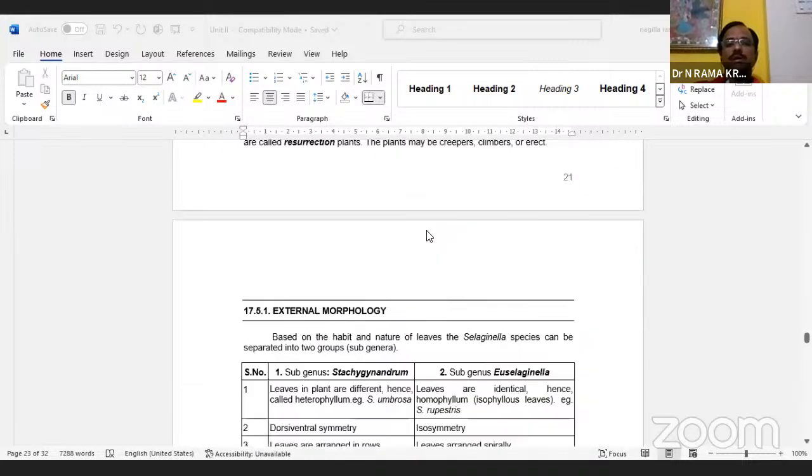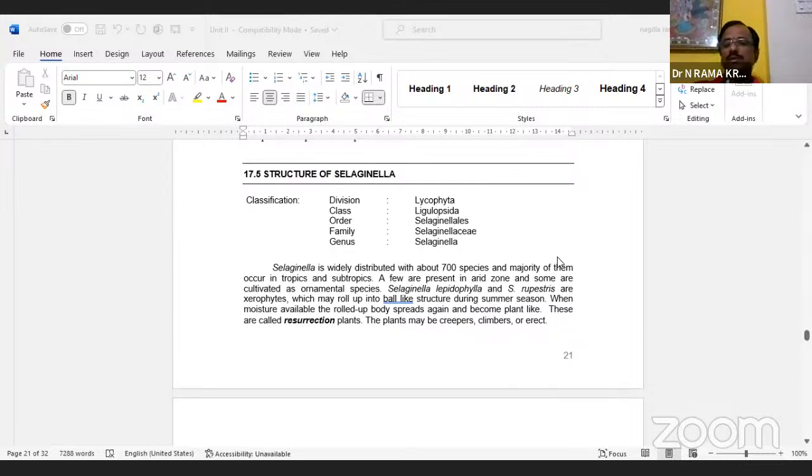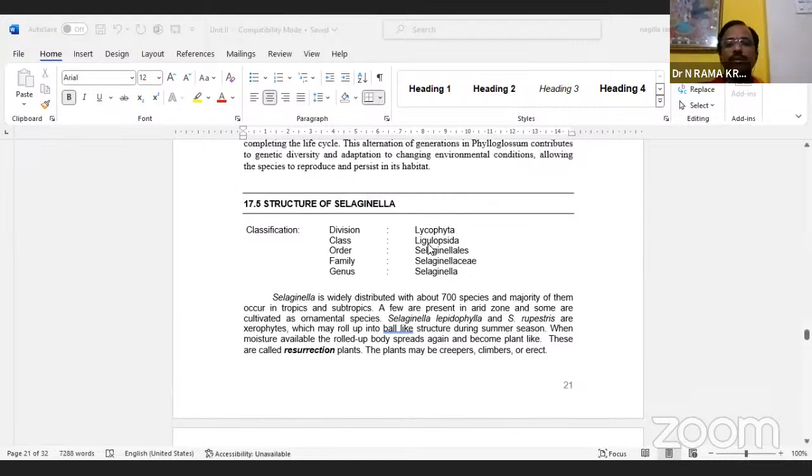Before going on, looking at Selaginella, it has almost worldwide, cosmopolitan distribution. There are more than 700 species. The majority of them occur in the tropics and subtropics.